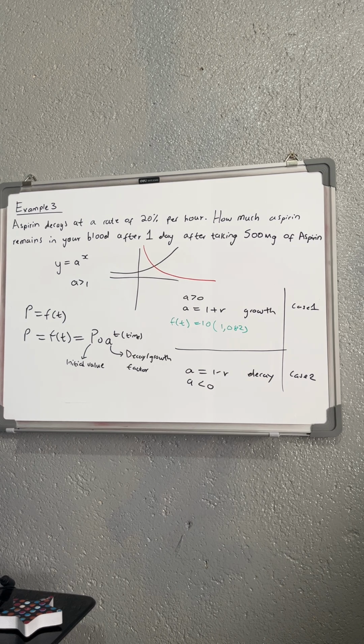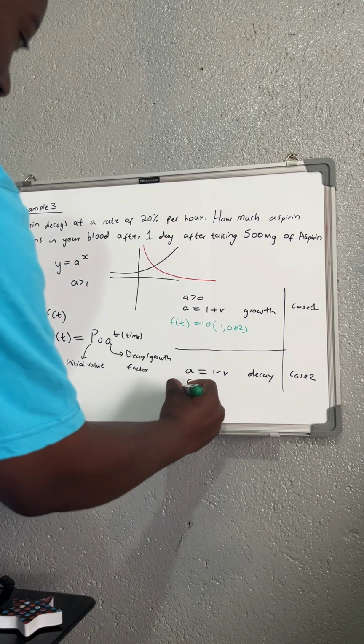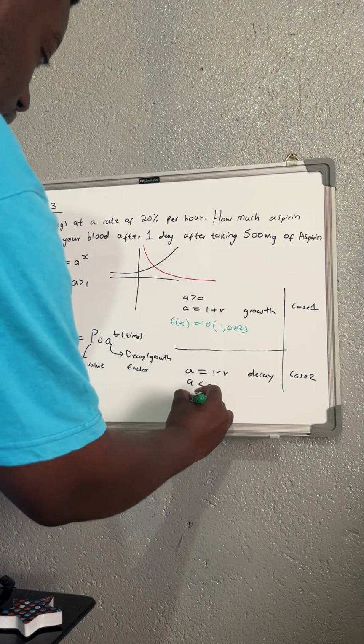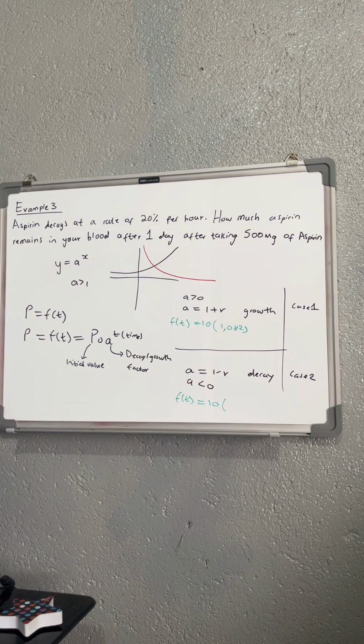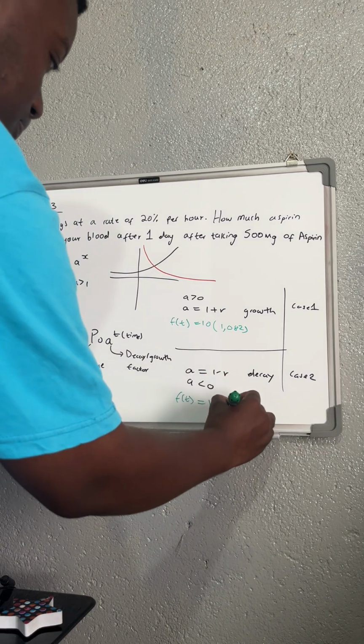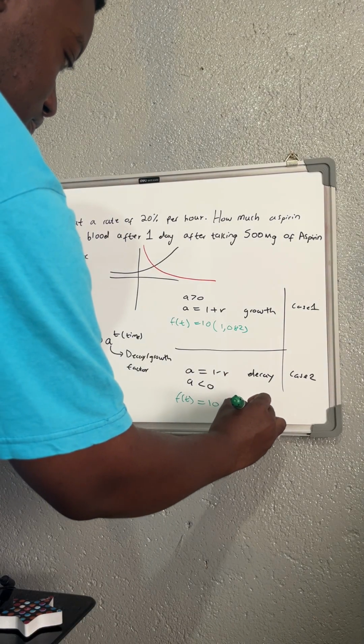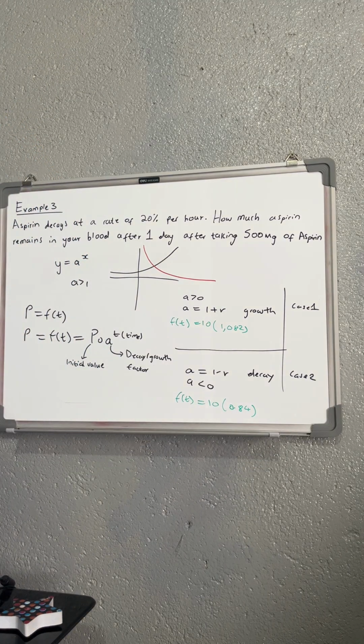Now for the second one here, I'm going to say my function of time equals 10, but internally I have 0.84. So you are having something like this.